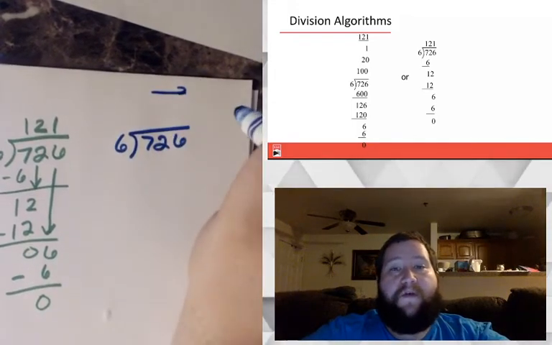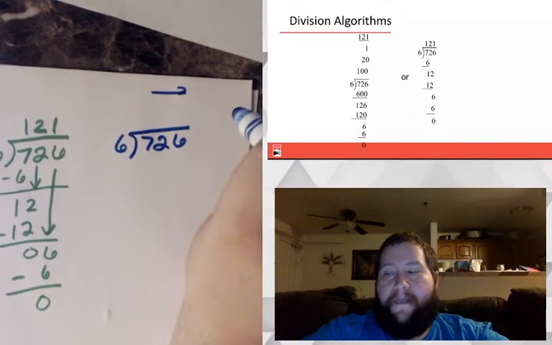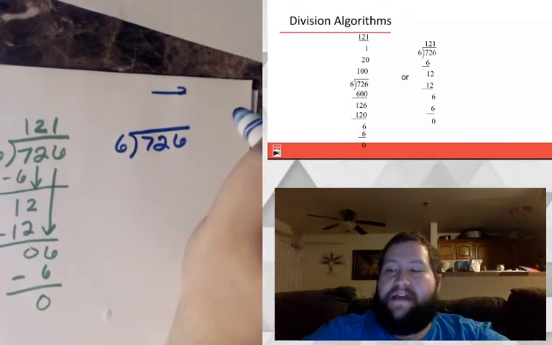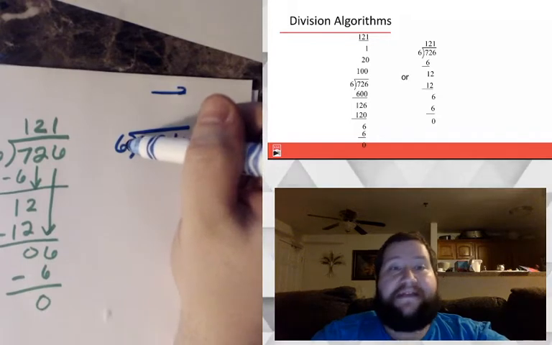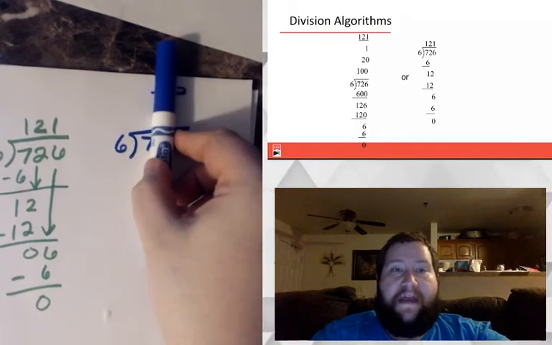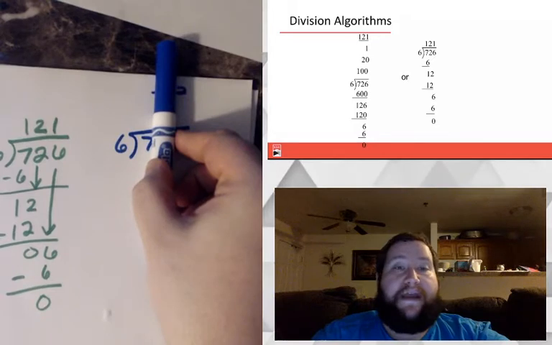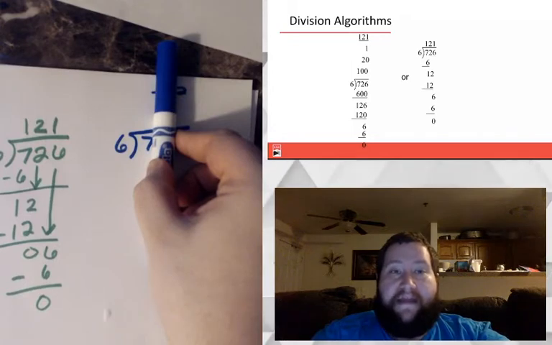And again, remember, it's a question of efficiency. If I need to put these in groups of 6s, looking only at that 700, how many 6s can I guarantee are in there if I take them out 100 at a time?